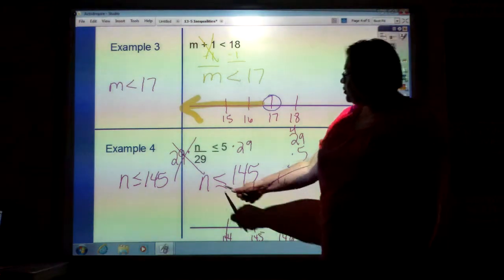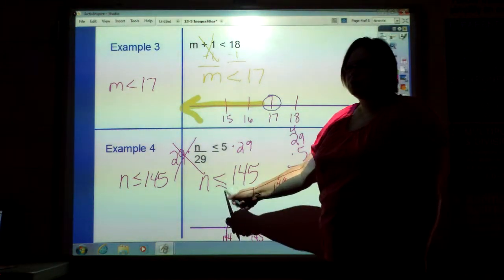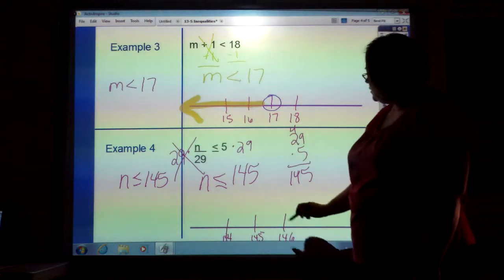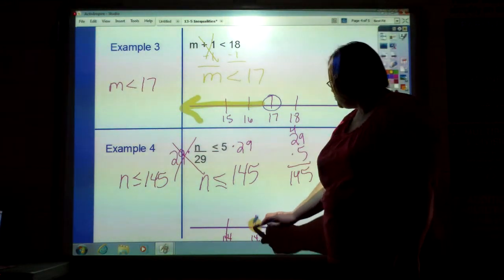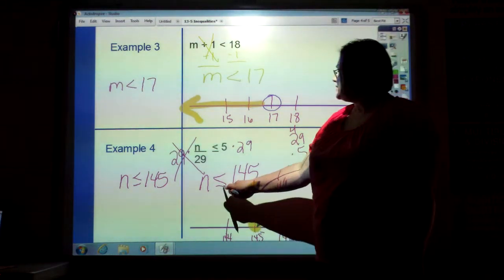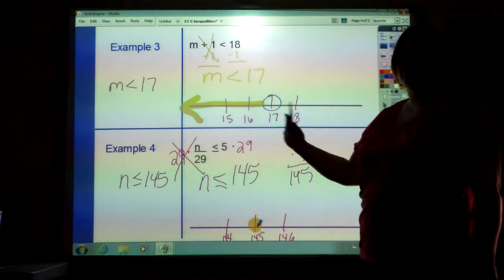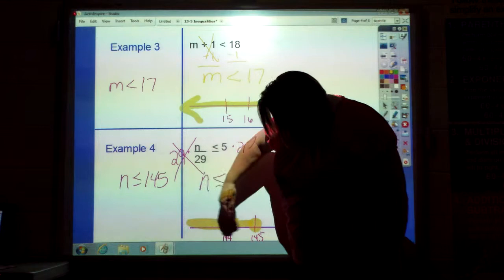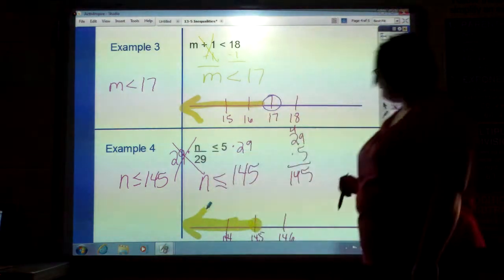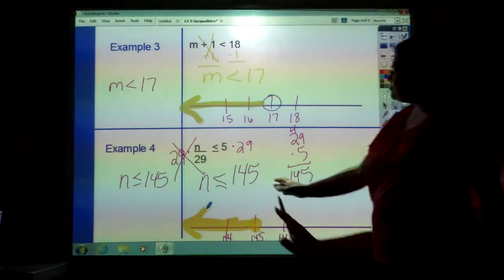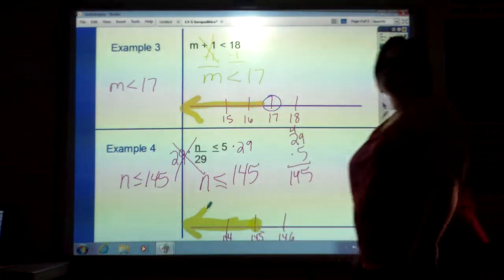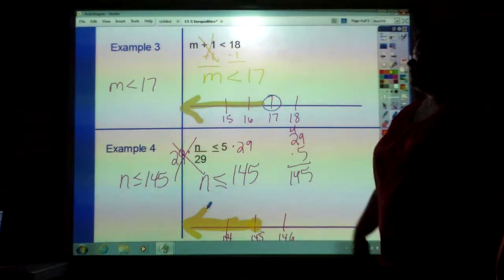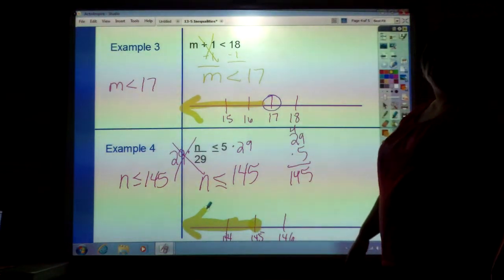It is going to be closed because we have the equal to line underneath there. So at 145, we have a closed circle. N is less than or equal to, so less than are the numbers that are smaller than 145. So we're going in that direction. So any number that's 145 or less would be a solution for that problem.